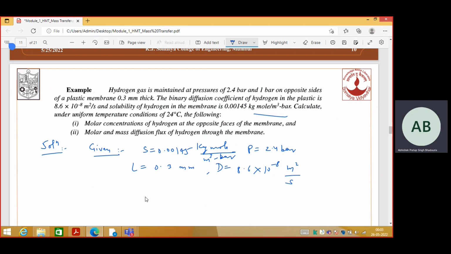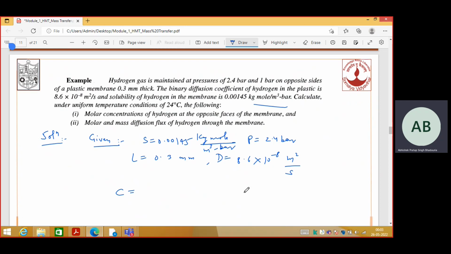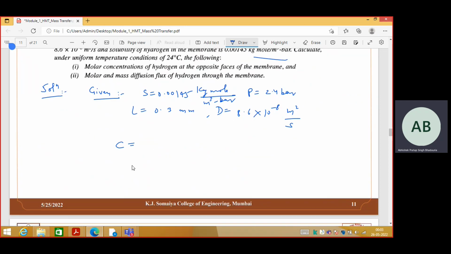So for the molar concentration, the total pressure and the solubility, the relation is: the molar concentration is equal to the solubility into the total pressure. Here we'll write the values.